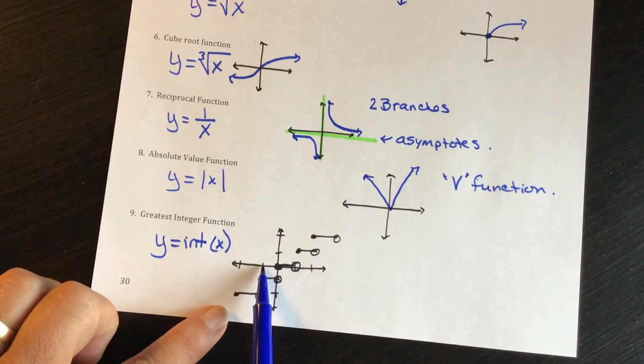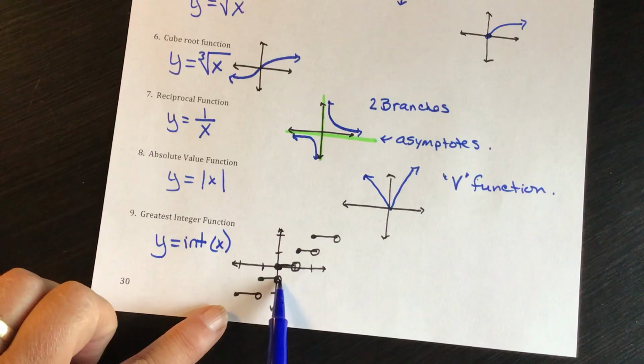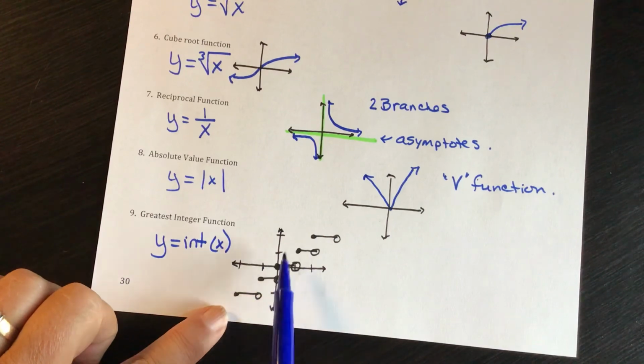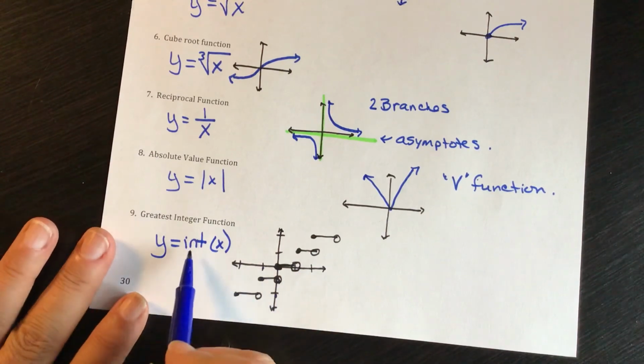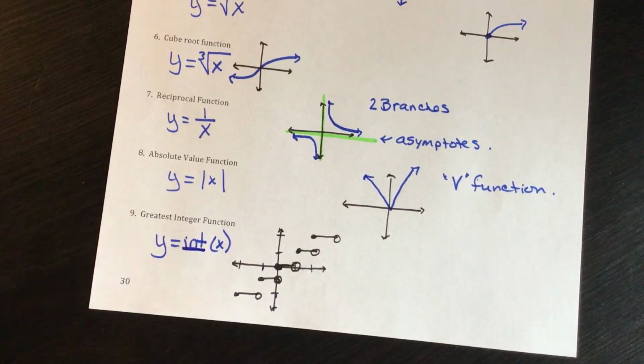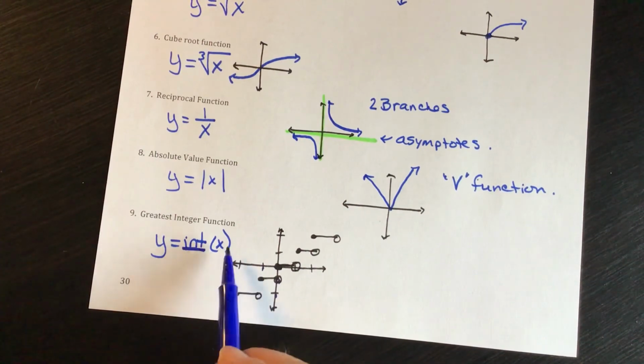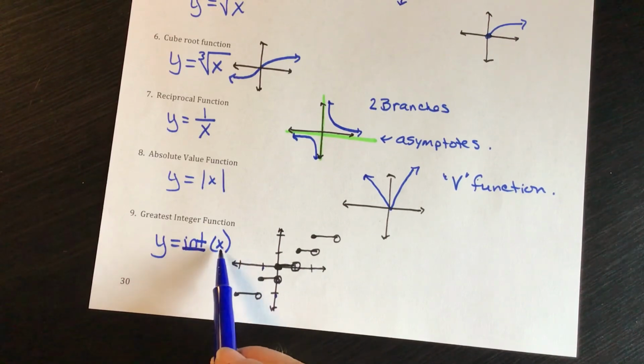Anything between -1 and 0 will have a y value of -2. Between 0 and 1 has a y value of 0. Okay, so here we're only looking at integers. Okay, so the integer of the closest integer for x.